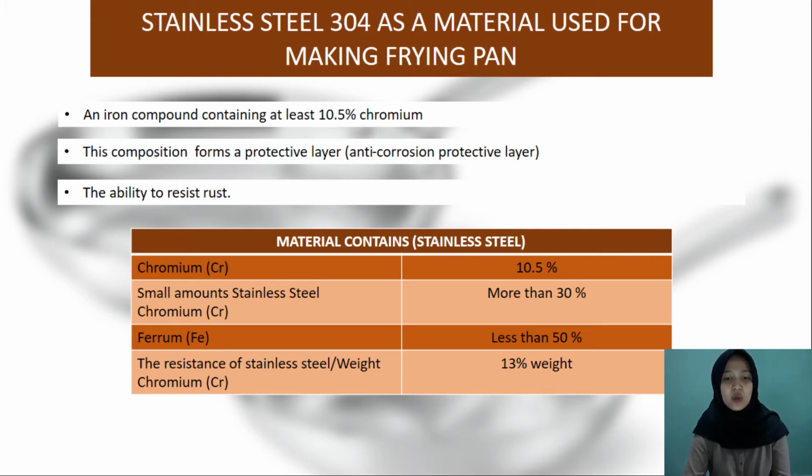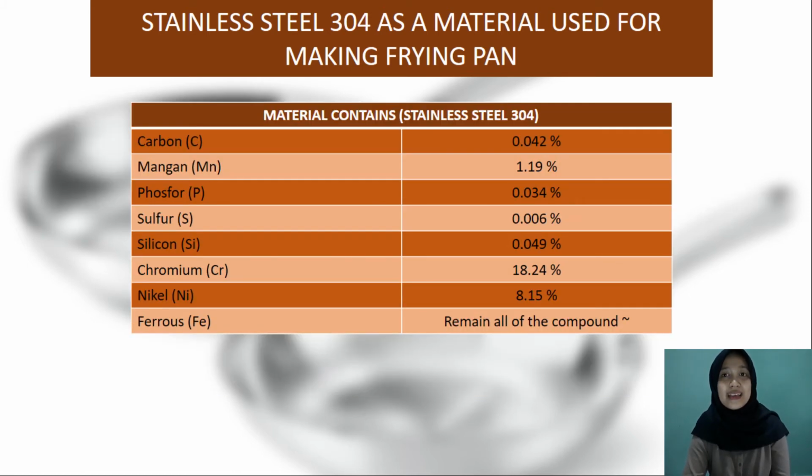It contains a minimum of 10.5% chromium, and the resistance of stainless steel to high oxidation in air at ambient temperatures is usually achieved by the addition of at least 13% weight of chrome. So that's all about the contents of stainless steel, both AISI 304 and AISI 316.